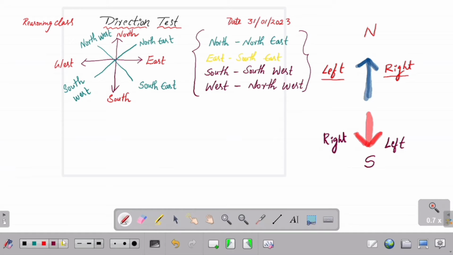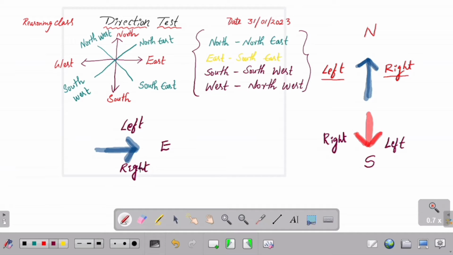Next one, we will take one more arrow. Right now the arrow is placed towards which direction? East direction, right? So when you are facing the east direction, this is your right side and this is your left side.